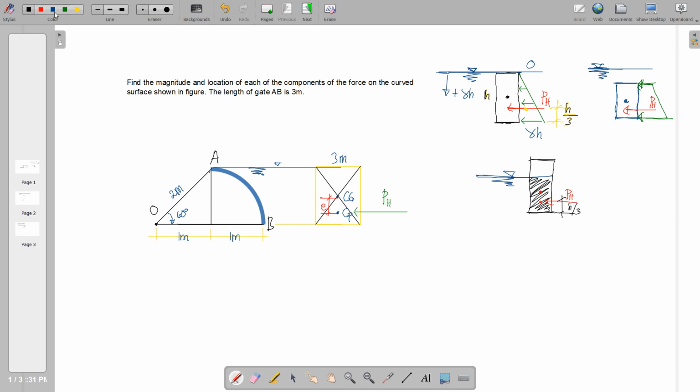So in this case, let us locate our pH, where pH is actually the head all over 3. So in this case, we do not know yet the value of this height, head of the gate.